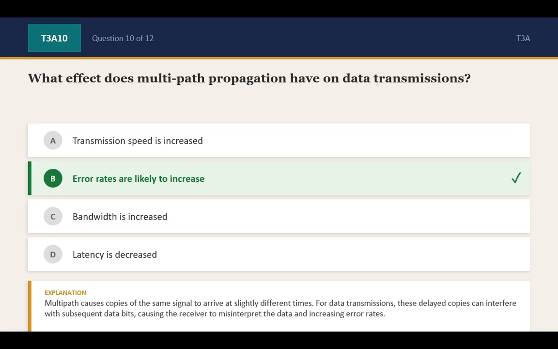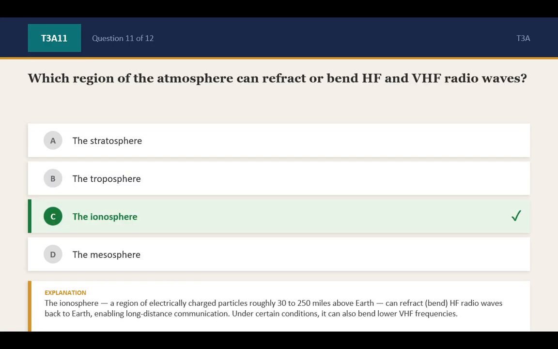Which region of the atmosphere can refract or bend HF and VHF radio waves? C. The ionosphere. The ionosphere, a region of electrically charged particles roughly 30 to 250 miles above Earth, can refract or bend HF radio waves back to Earth, enabling long-distance communication under certain conditions.